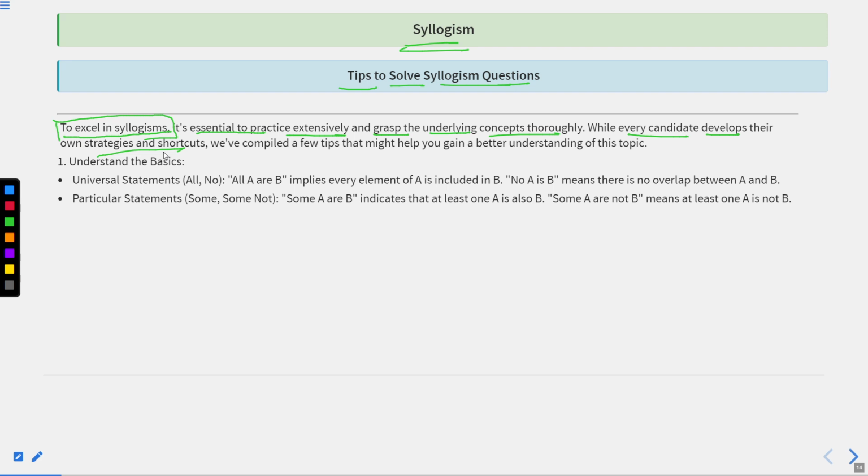But if syllogism is an entirely new subject for you, then you should adhere to the things that we are going to discuss from now onwards.